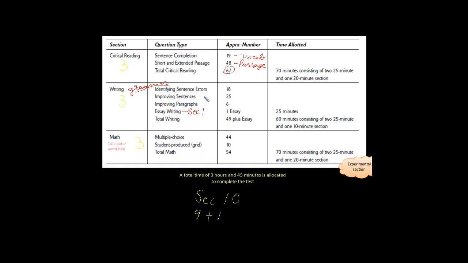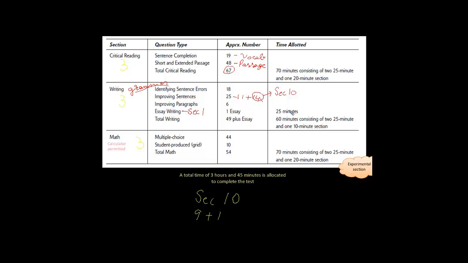But improving sentences, if I say, it's divided into 2 parts: 11 plus 14. So if I'm good with math, 11 plus 14, yeah, 25. This 14-question set over here is always your section 10. This will give you 10 minutes, as you can see over here. So in total, you get 60 minutes.